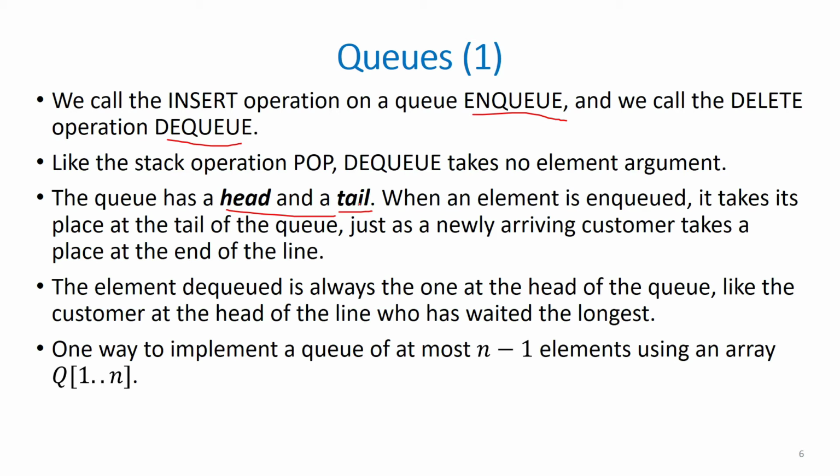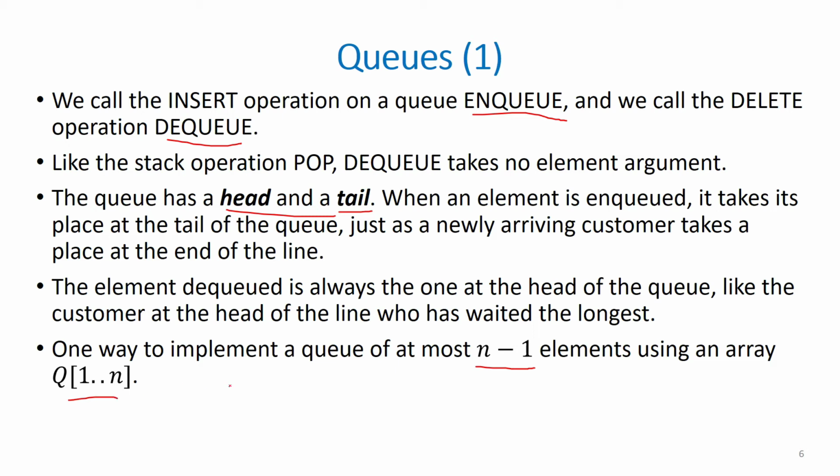When we dequeue, we remove from the head of the queue. In reality, the person standing longest in the queue is the one at the head and thus is served and removed first. We can implement a finite queue of size n-1 elements using an array of size n.